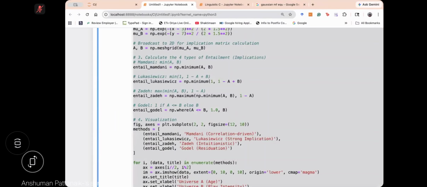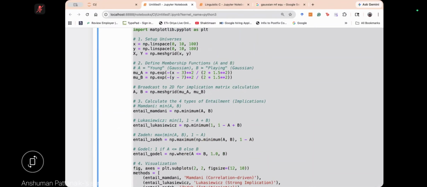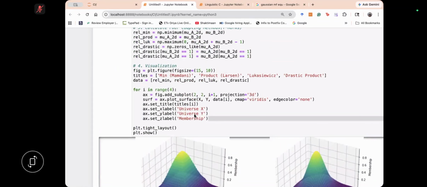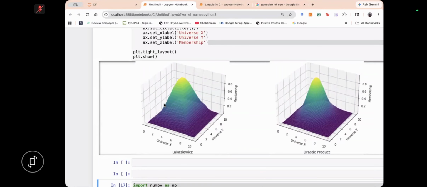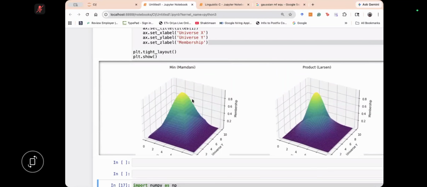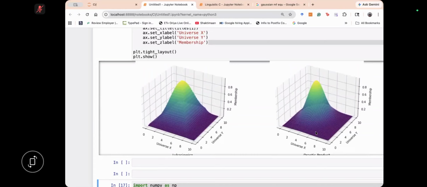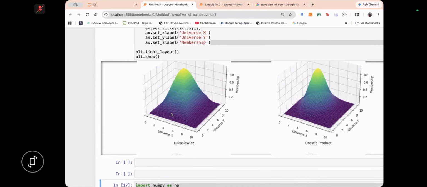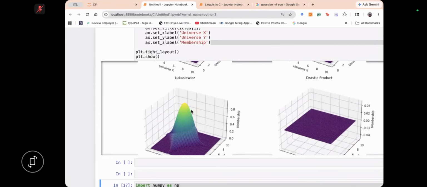It has four segments. The first one is your minimum product. Then this one is your algebraic product. Then it is the bounded product. This is the drastic product.